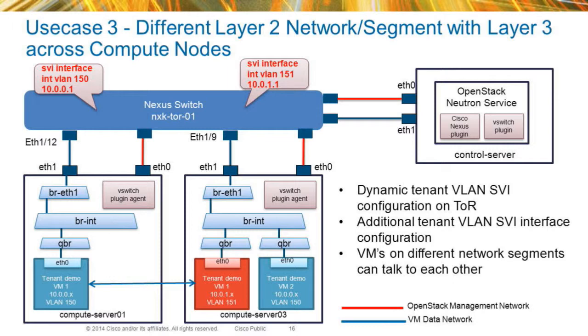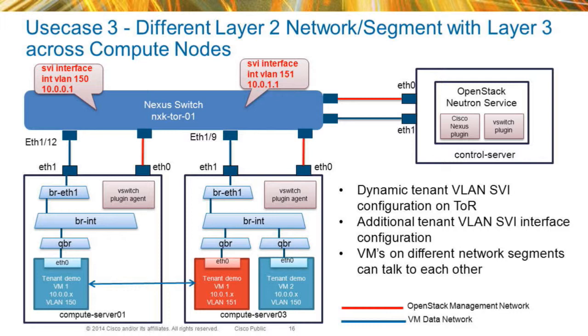So in this case, what we see is that when we associate the subnet with the Neutron router, the Nexus plugin goes ahead and configures the top-of-rack switch with an SVI interface, as well as configures that SVI interface with the appropriate default gateway IP address of that tenant subnet. So in this picture, for VLAN 150, we see that 10.0.0.1 has been configured as the SVI interface, as well as for VLAN 151, 10.0.1.1 as the SVI interface for that VLAN.